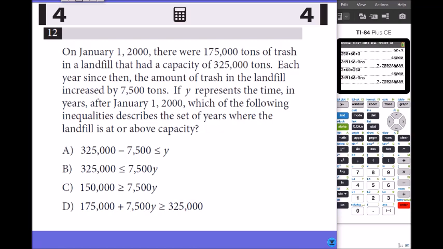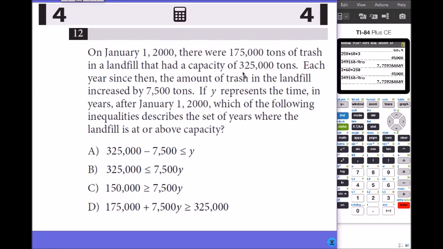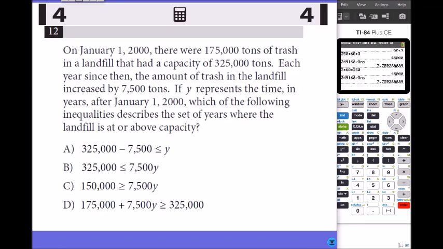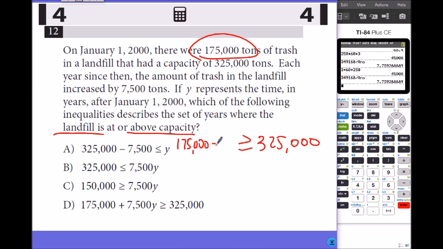So it says at or above the capacity, which is this. So that's the capacity. It's asking for at or above, so it's greater than or equal to. So we started with 175,000. And each year, Y, how much are we adding? Increases by 7,500. Right? So that's the inequality, which would be B.